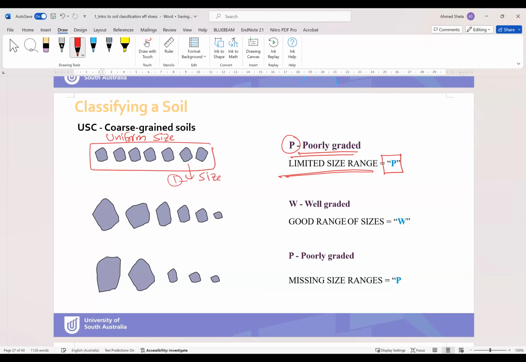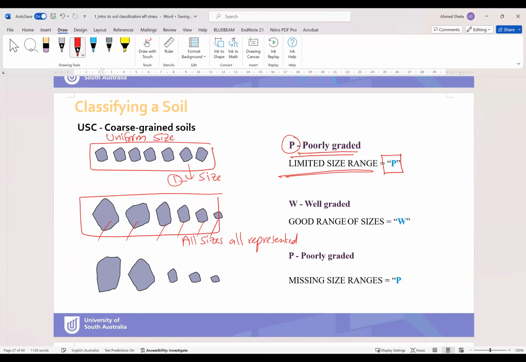Almost one size. Okay. And to know the difference, we need to see the well graded soil. In the well graded soil, the particles have multiple sizes, or all sizes are represented in the soil. So we don't have a uniform distribution, but we have a different size distribution of the soil.